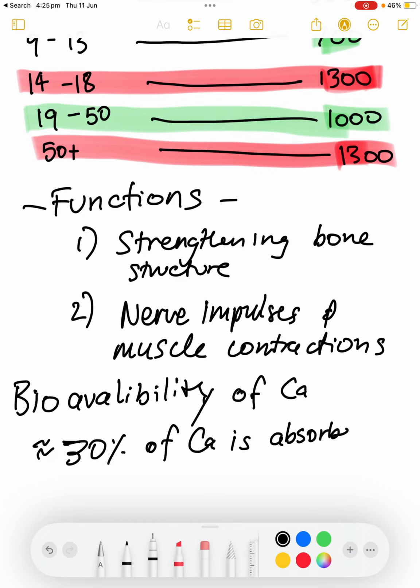Okay. Why does it have a lower bioavailability? Well, firstly, we need to know what bioavailability is. It's the degree at which a nutrient is absorbed and utilized by the body. Okay. What enhances calcium absorption? Enhancer. And I'm just going to say what would be an inhibitor. That doesn't help it.